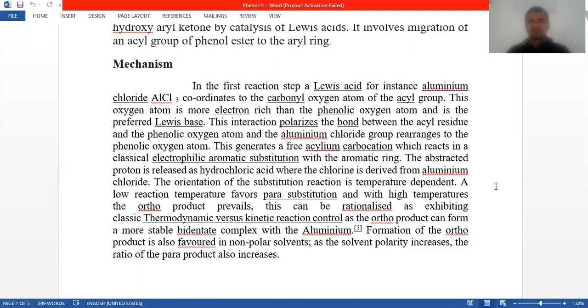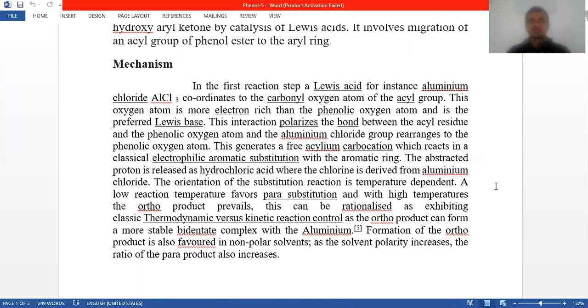This interaction polarizes the bond between the acyl residue and the phenolic oxygen atom, and the aluminum chloride group rearranges to the phenolic oxygen atom. This generates the acylium carbocation, which reacts in a classical electrophilic aromatic substitution with the aromatic ring.